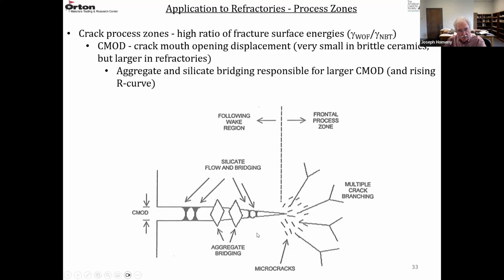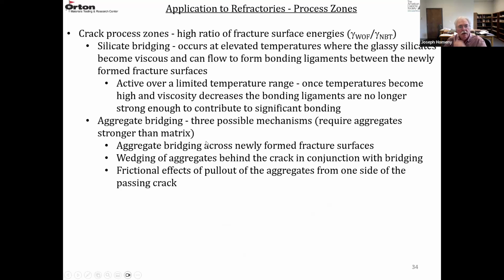So you need to develop a refractory that has both a frontal process zone, but primarily a microstructure that resembles this in the crack wake. So again, you want a high ratio, the work of fracture to the notch beam technique.